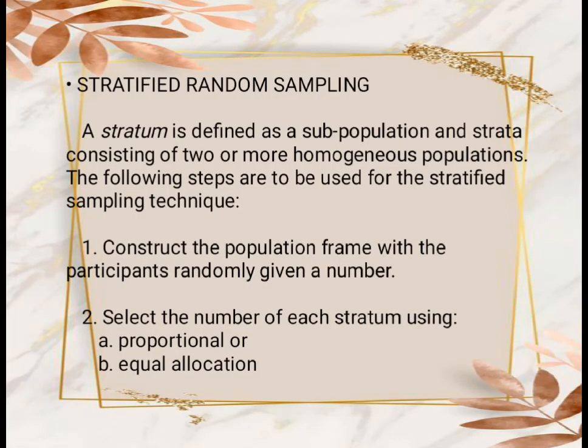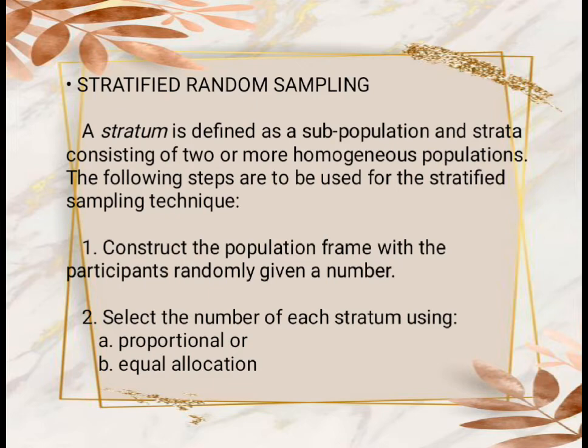Stratified random sampling. A stratum is defined as a subpopulation, and strata consist of 2 or more homogeneous populations. The following steps are to be used for the stratified sampling technique. First, construct the population frame with the participants randomly given a number.